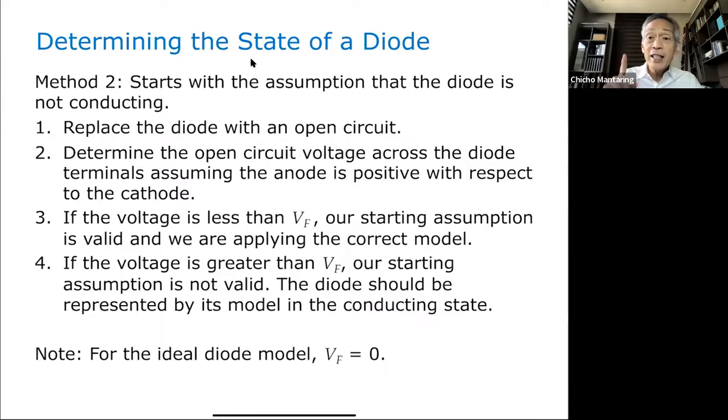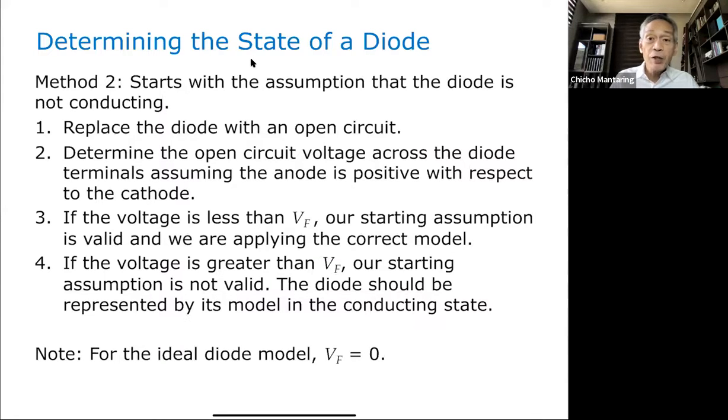If that voltage is less than the forward voltage, then our starting assumption is valid and we are applying the correct model. If that voltage is greater than the forward voltage, our starting assumption is not valid and the diode should be represented by its model in the conducting state. Now note, forward voltage, we only talked about a forward voltage in the second and in the third model.